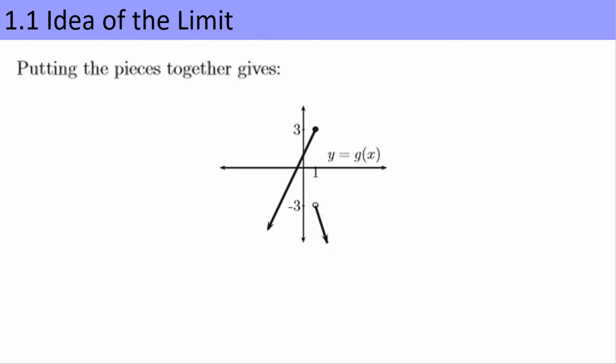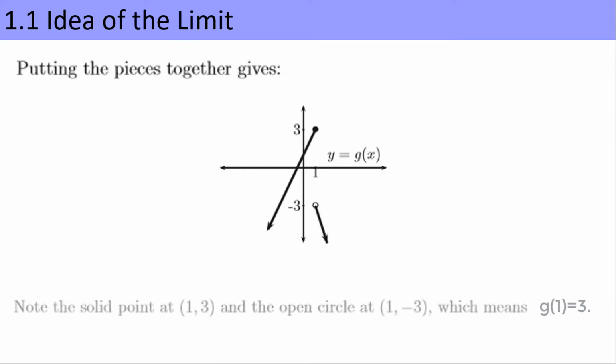That's because for the second piece, it was for x strictly greater than 1. So we have this piece, and the question was, what is the function at g of 1? And this means that g of 1 is where we have the solid circle, so g of 1 equals 3.